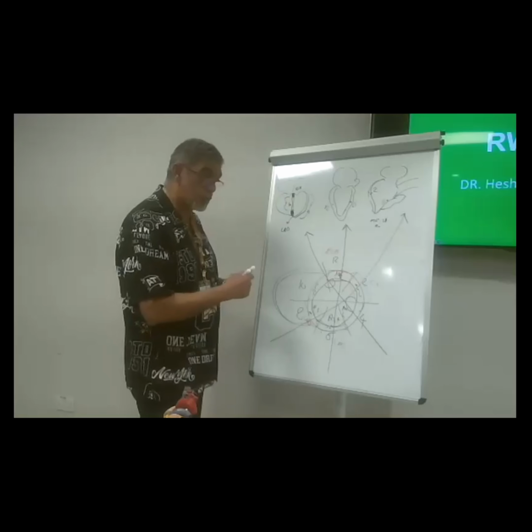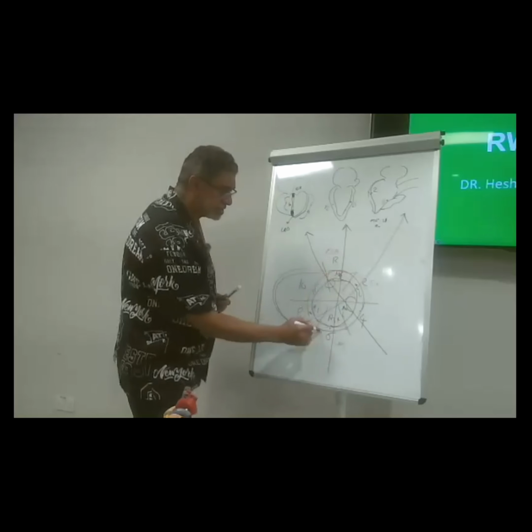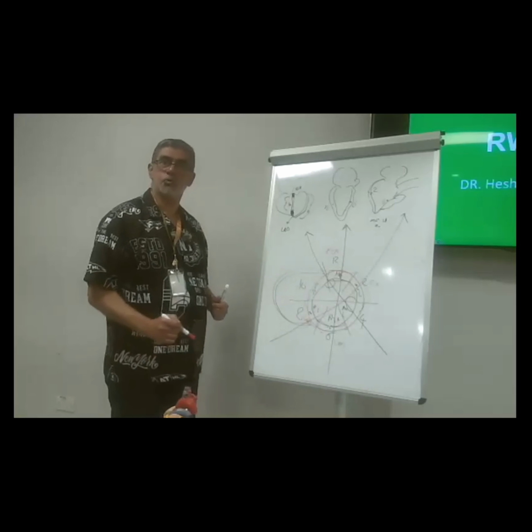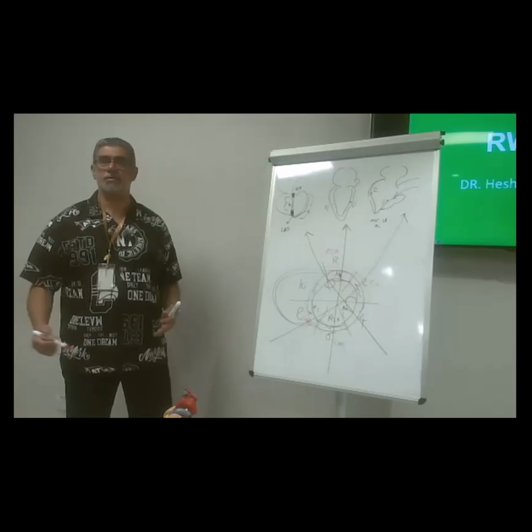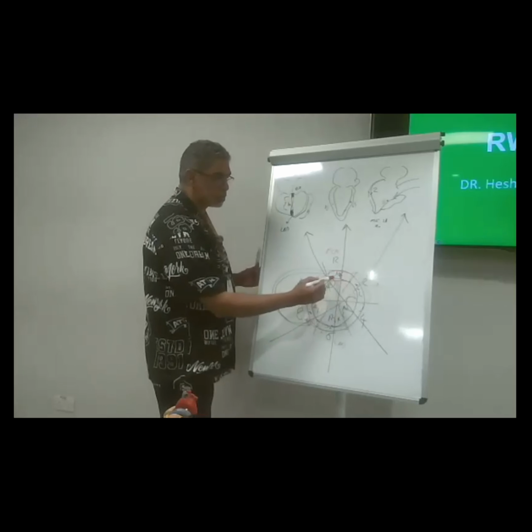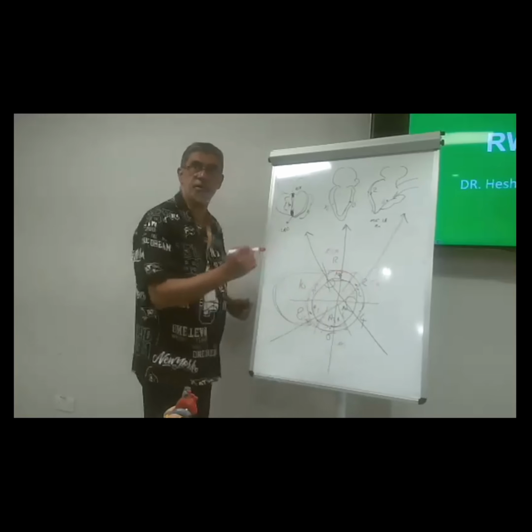So we have 4 areas: 2, 12, 6, 8. Again, 2, 12, 6, 8. 2 is circ, 12 is RCA, 6 and 8 are LAD.